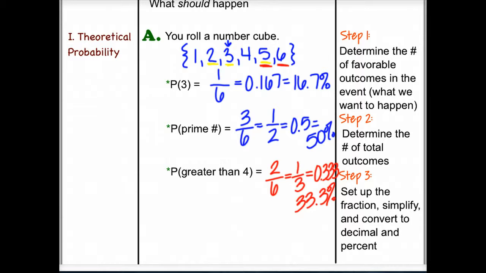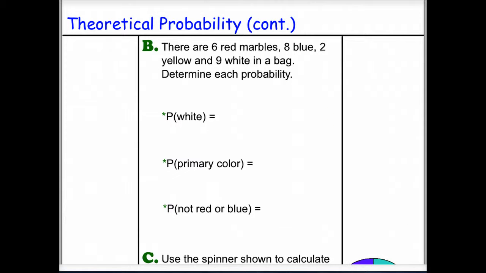Moving on. If we have, in this example, 6 red marbles, 8 blue, 2 yellow, and 9 white in the bag, we need to determine our probability. The first thing we want to do is take our 6 red, 8 blue, 2 yellow, and 9 white, and add those up. 8 plus 2 is 10, 9 plus 6 is 15, 10 plus 15 is 25.